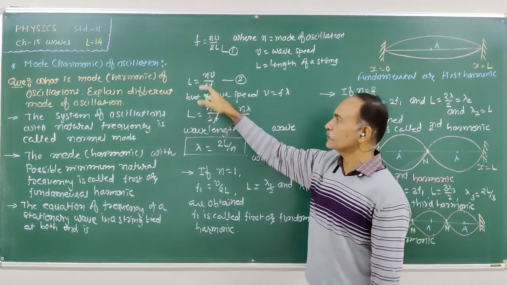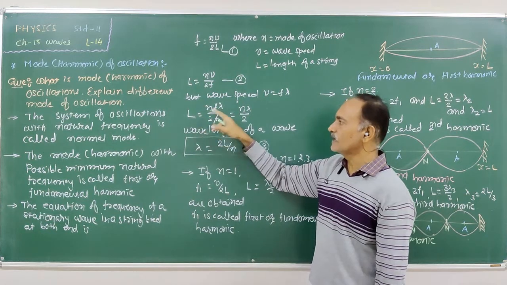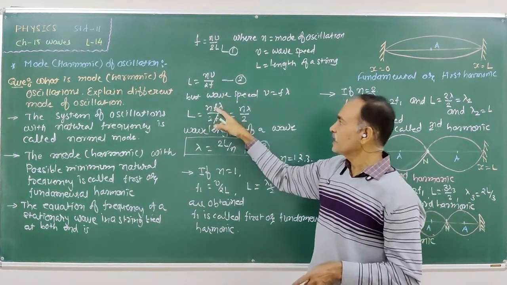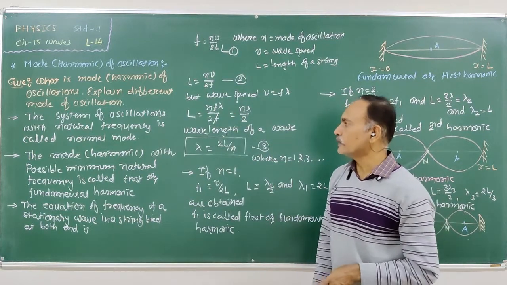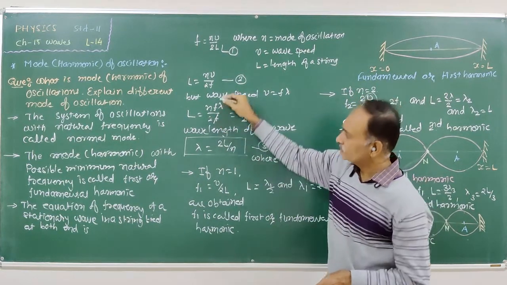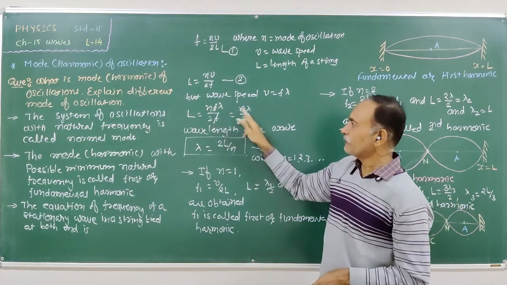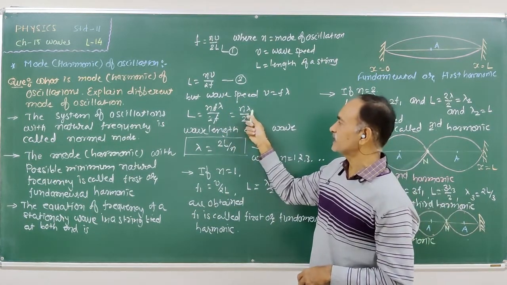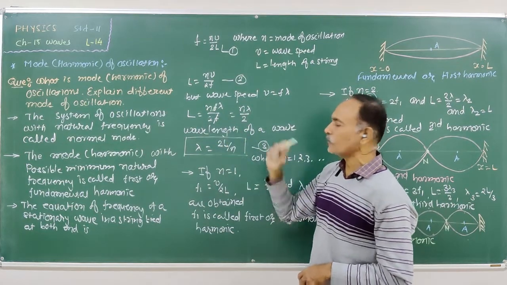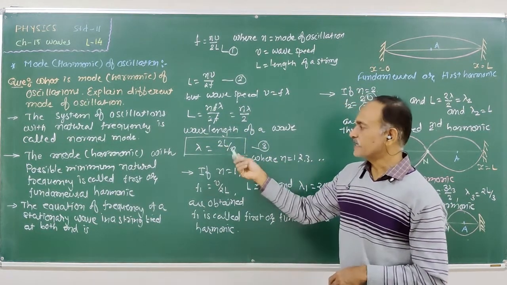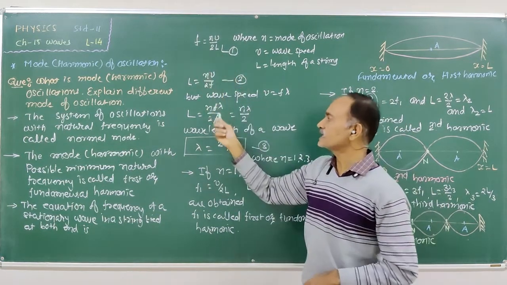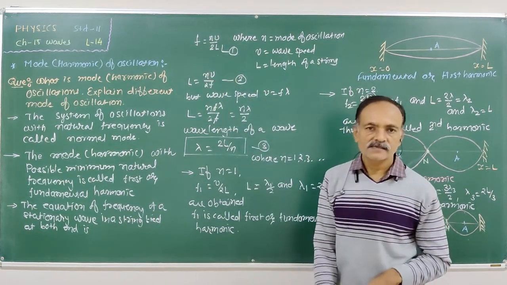Substituting in equation 2, L is equal to n f lambda upon 2f. F cancels, therefore n lambda by 2. So from this equation, wavelength lambda is equal to 2L upon n. There is the equation of wavelength, the equation of frequency, and the equation of length.